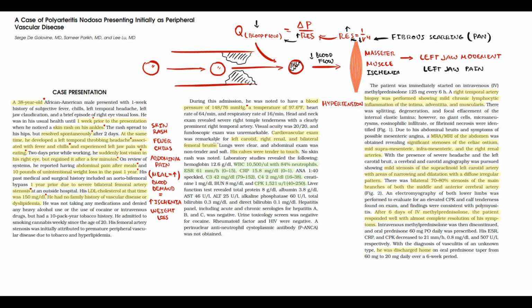Bruits can be manifestations of severe stenosis, and we know that vessel wall injury caused by polyarteritis nodosa leads to deposition of a massive amount of collagen within the vessel wall, which can cause stenosis. Also, he had muscle tenderness, which is one of the diagnostic criteria. He had an elevated white blood cell count due to an increase in neutrophils, and his erythrocyte sedimentation rate is 61, which tells us about severe inflammation.